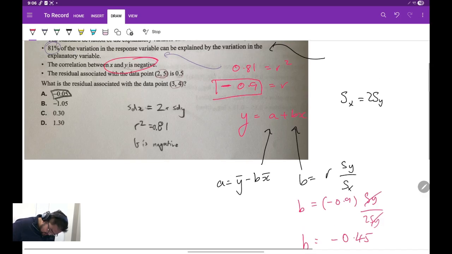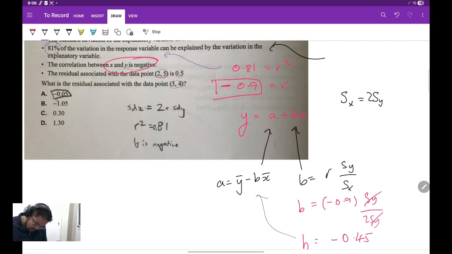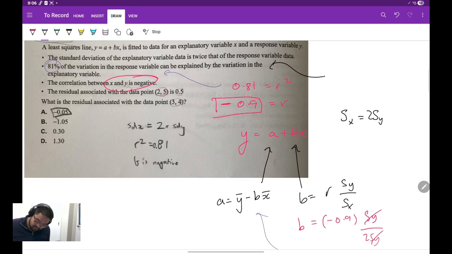Now from here, we can plug that into that formula. But this one's a little bit difficult because we're so used to using the mean of x and y that we forget that we can also use the data points to help us work out the equation line. So this is a bit of a stretch of a question, but let's try it out.